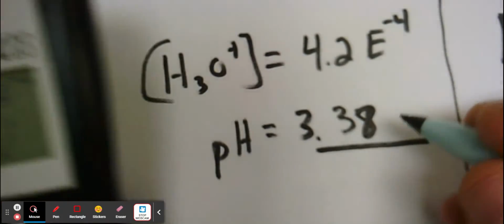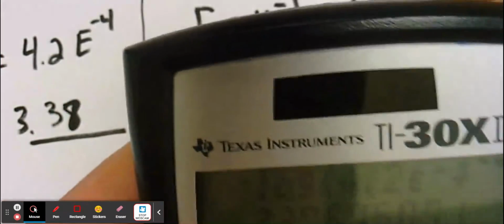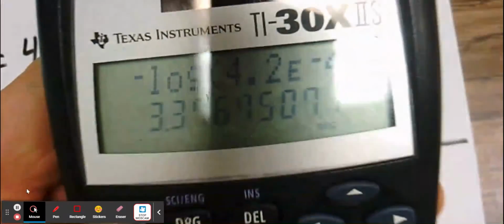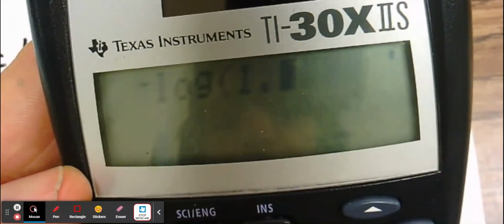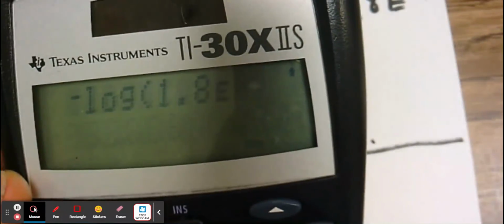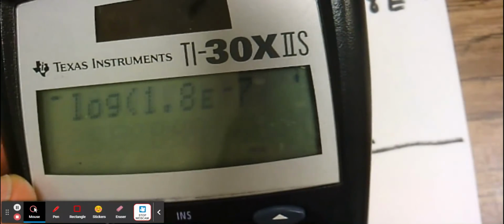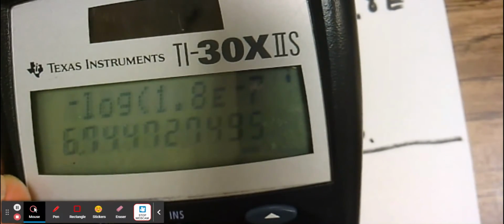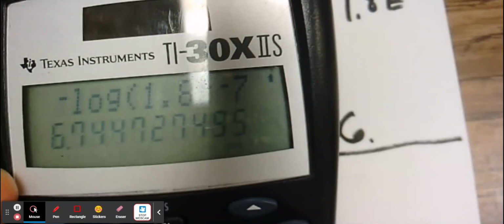All right. And then for this one, I'm going to do negative log of 1.8 E to the negative 7. I get 6.74.